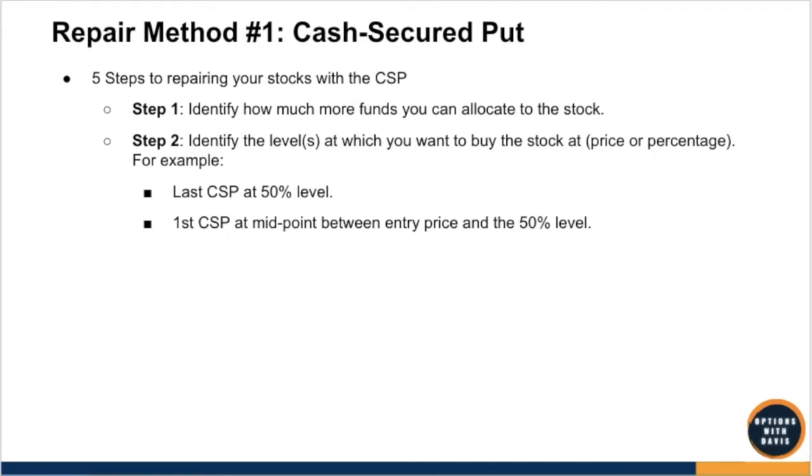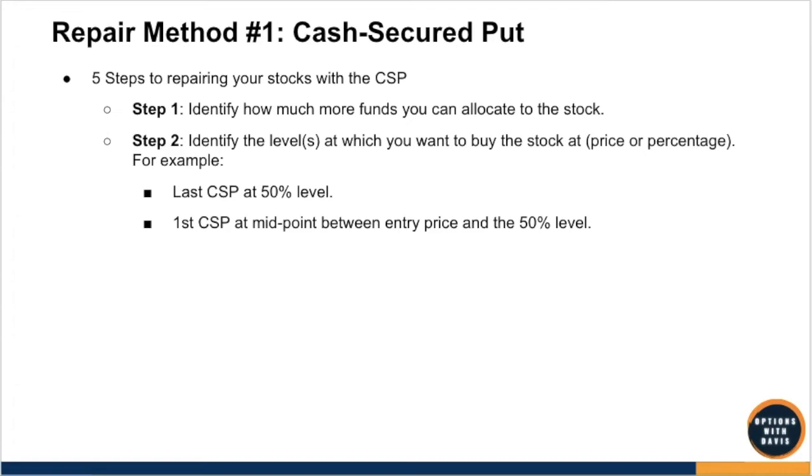So if the stock can actually drop to the 50% level, it is a very good price to get in at, considering that the fundamentals haven't changed and your view on the stock is still there. Getting in at the 50% level is a very good entry price. So that is where I want to lock in the final level for my cash secured put. If it goes to that point in time, I'm definitely going to want to get in.